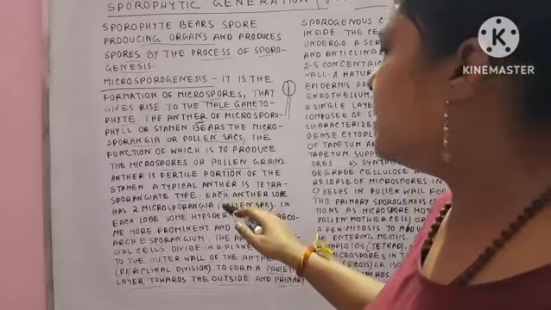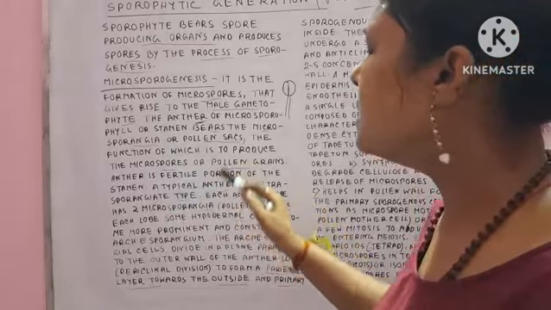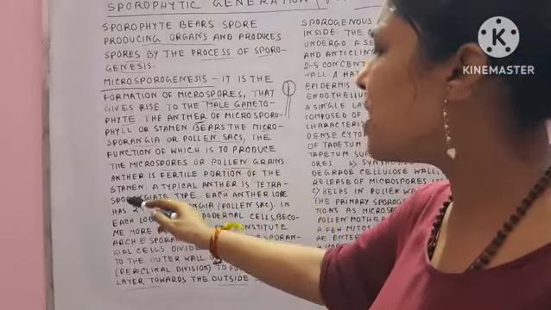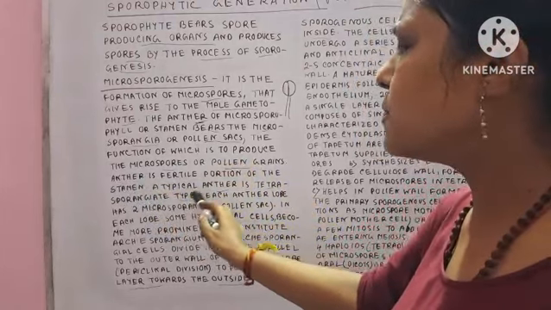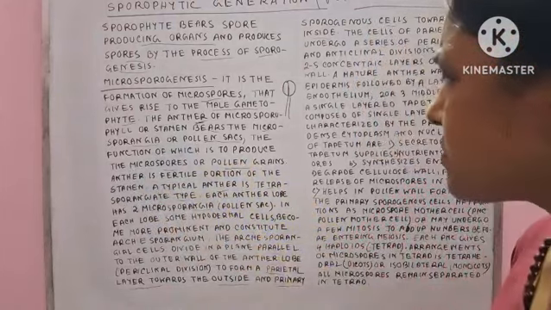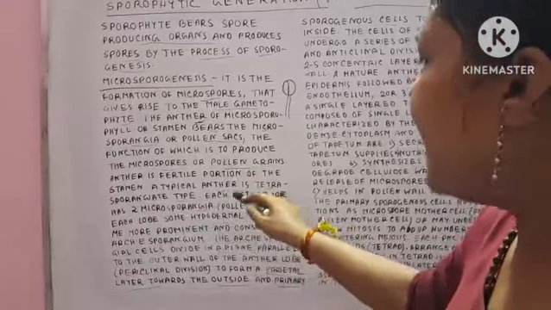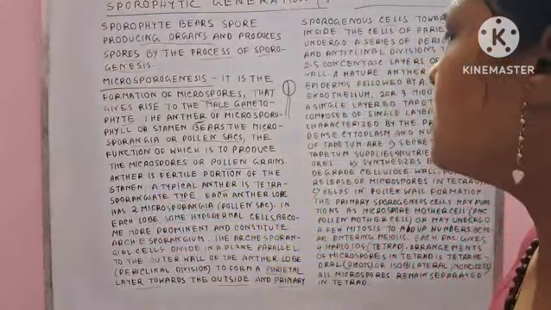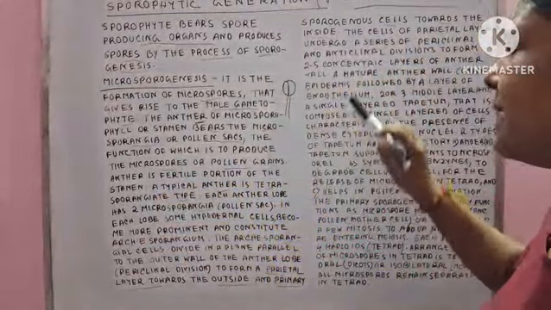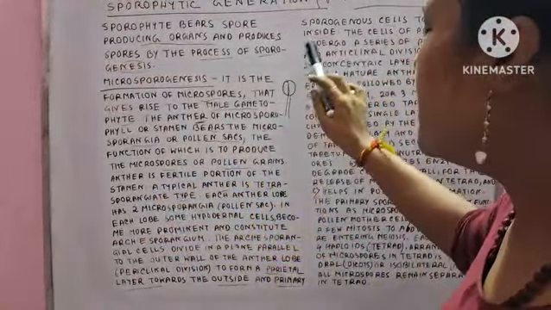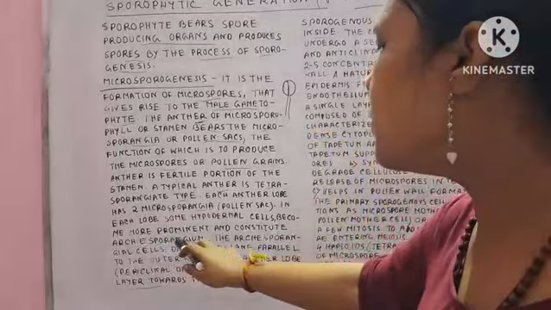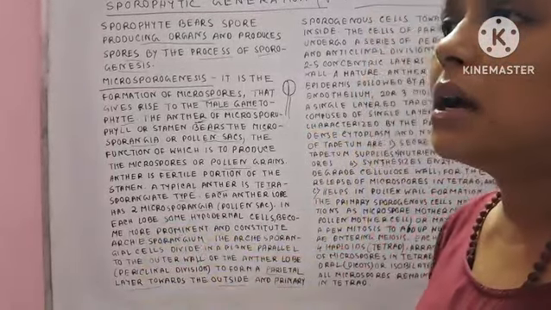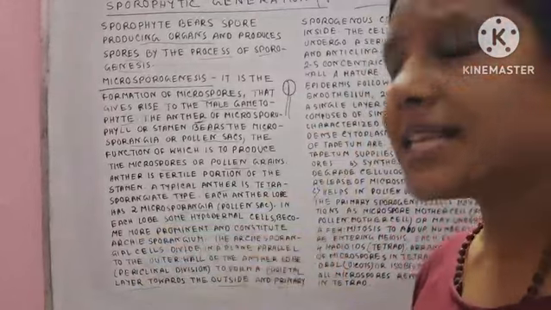A typical anther is sporangiate type, and it generally has two microsporangia or pollen sacs. Each pollen sac contains archisporangial cells.